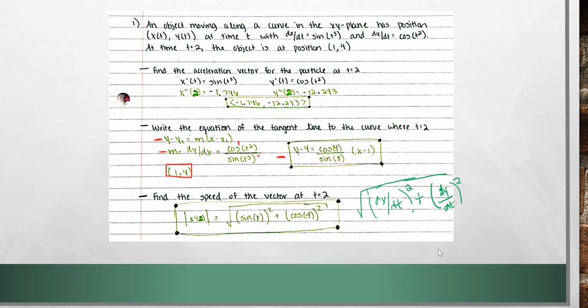And when we plug these two values in, we get sine of 8, because we plugged in the 2 cubed like we found here, which is just sine of 8 squared, plus cosine 4 squared. And again, we don't need to simplify any further because the question doesn't ask for the final form, and we don't want to waste time and take that away from our other questions that may be harder.